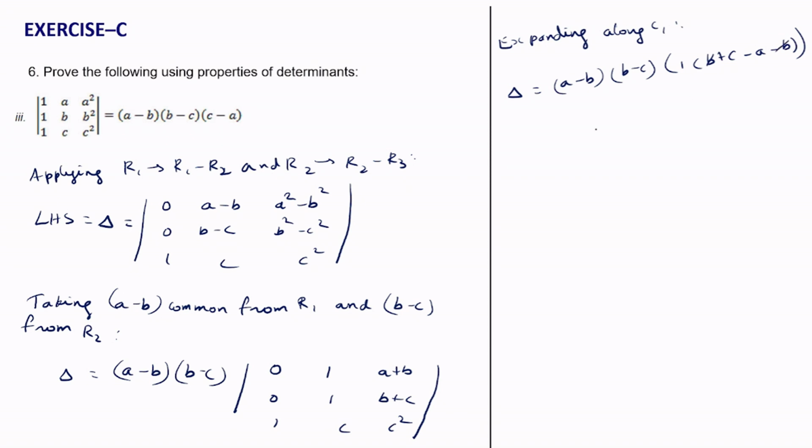So plus b minus b will go. So this is equal to a minus b into b minus c into c minus a, which is equal to the right hand side. Therefore, left hand side equals the right hand side.